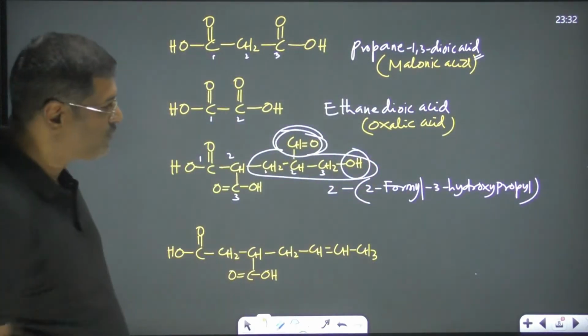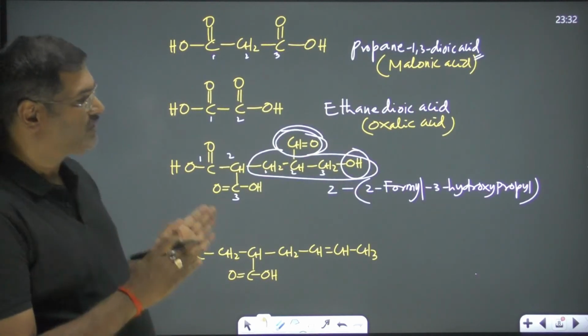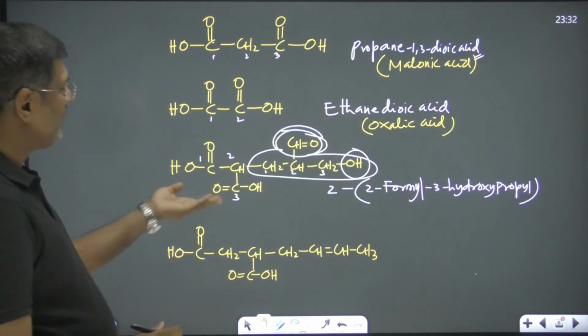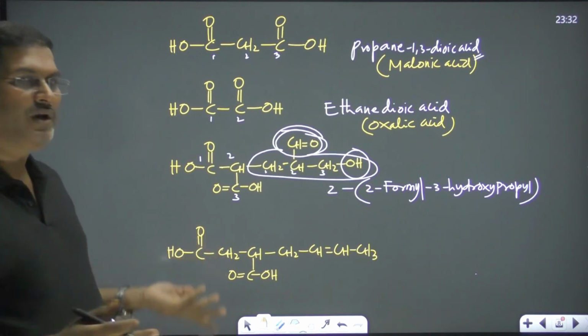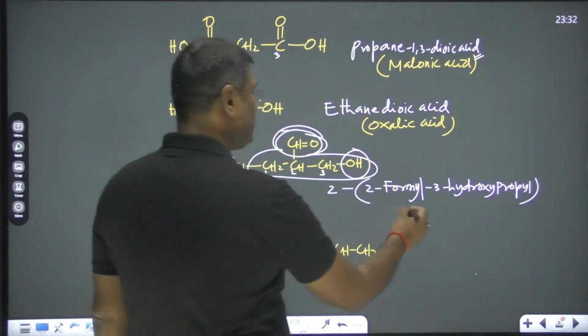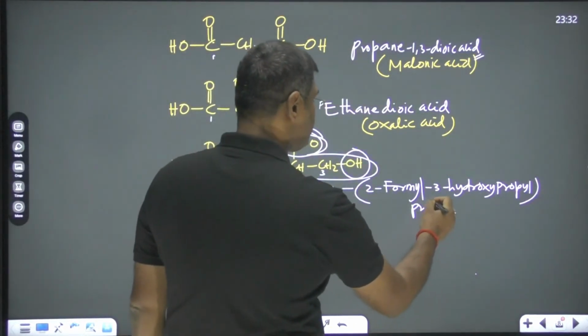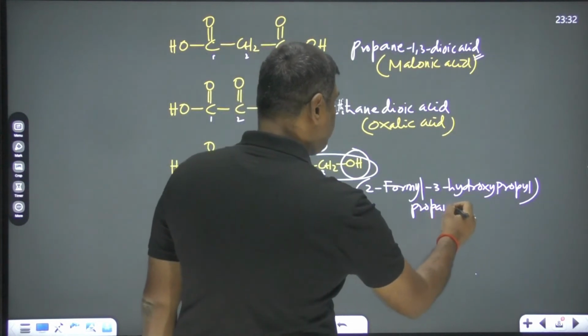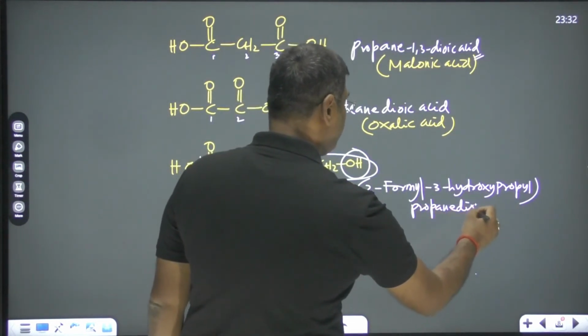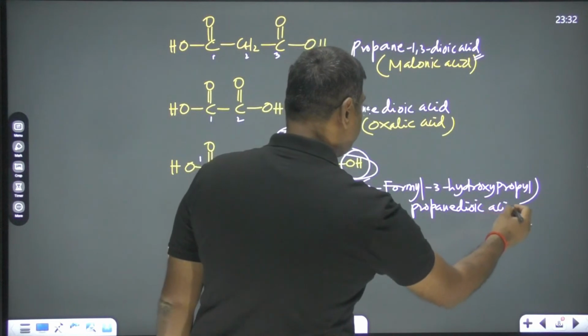On the second position we have this substituent, 2 formyl, 3 hydroxy, propyl. And now what about this? This one is propane dioic acid. The rest of the part is propane dioic acid.